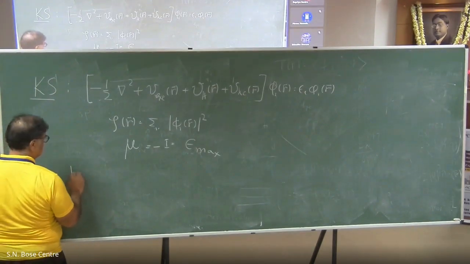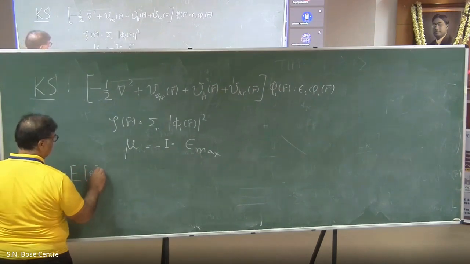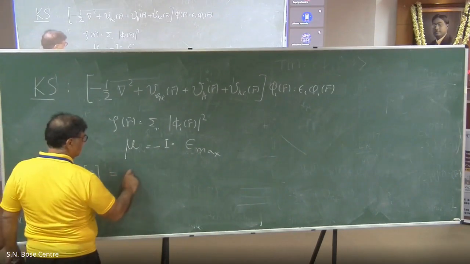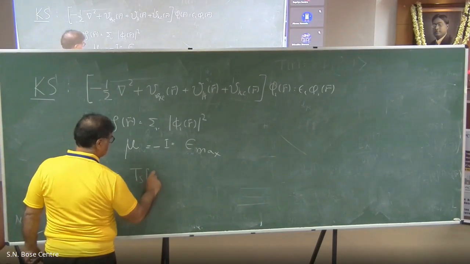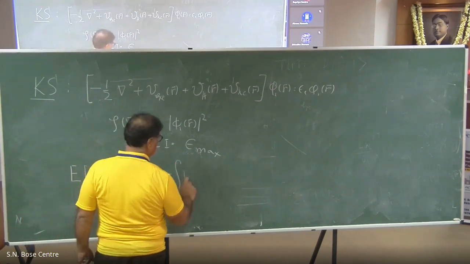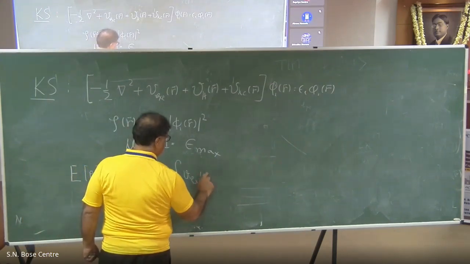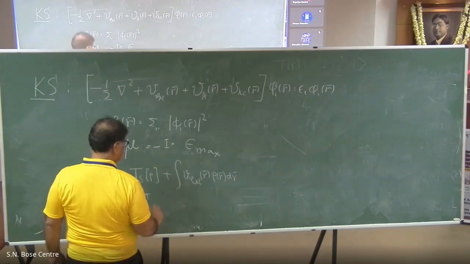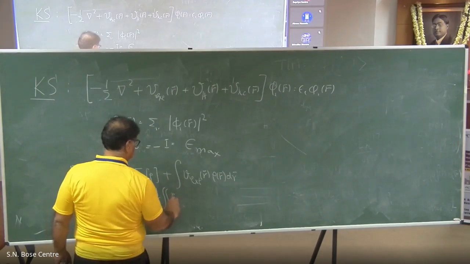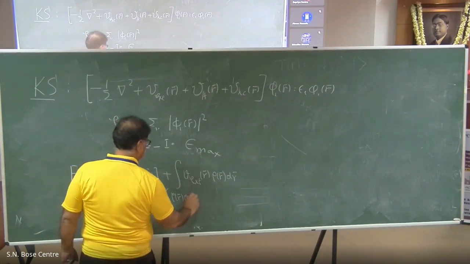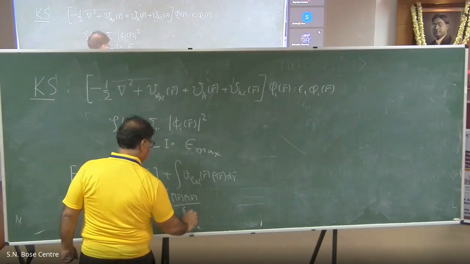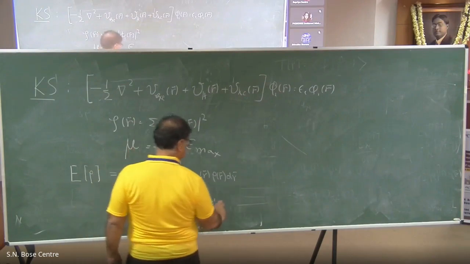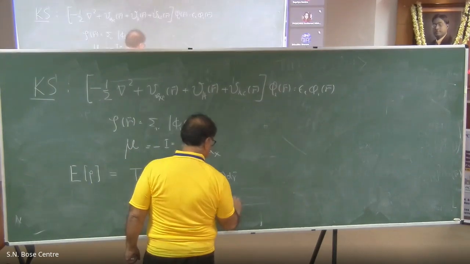The energy is written as a function of rho, which is T_s[rho] plus the integral of v_external(r) rho(r) dr plus E_Hartree, which is the integral of rho(r') over |r minus r'| dr', plus the exchange correlation.